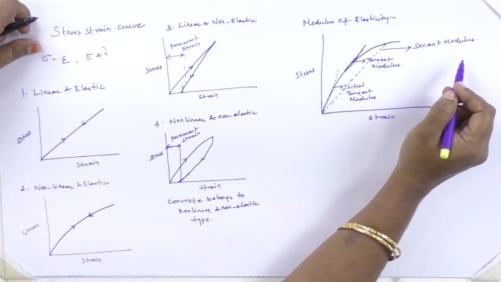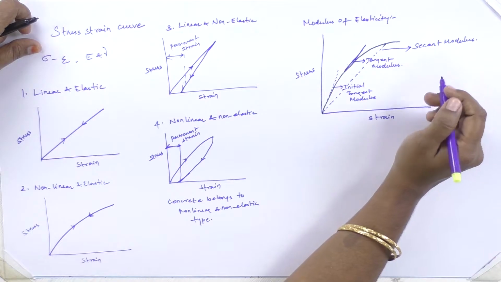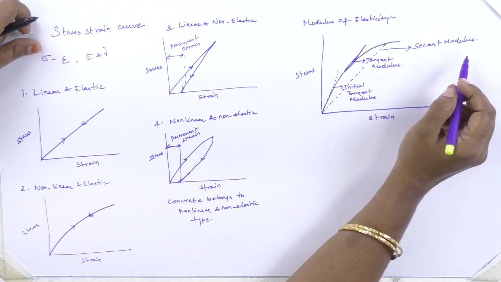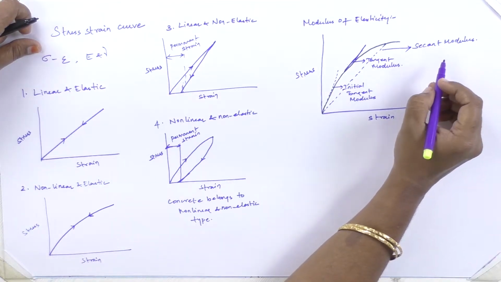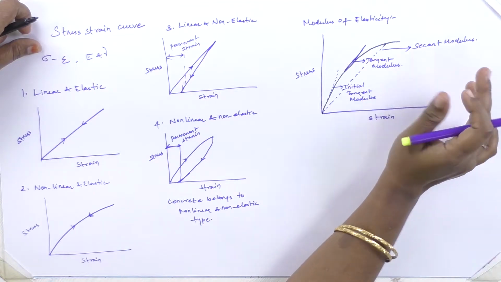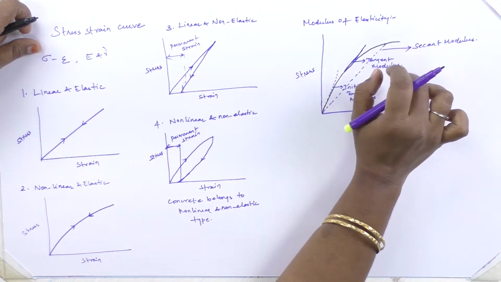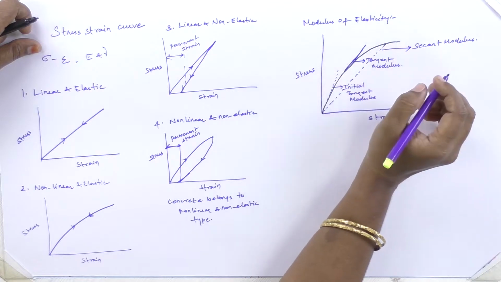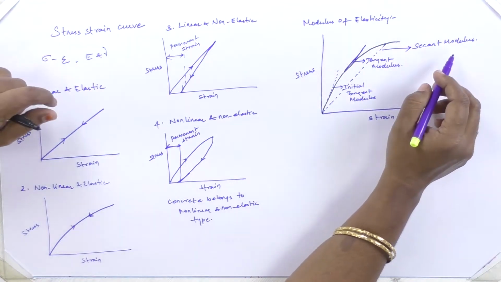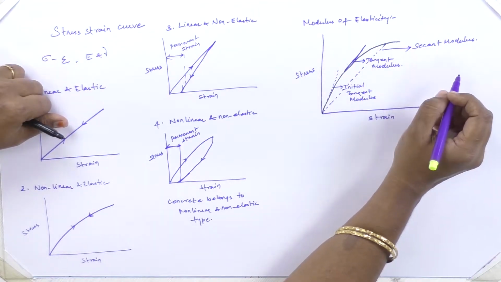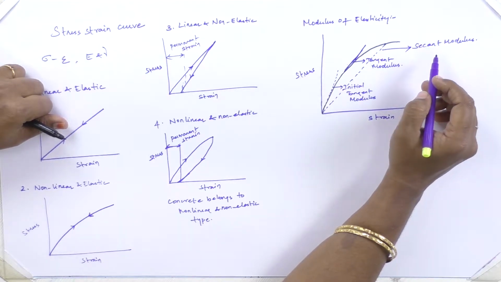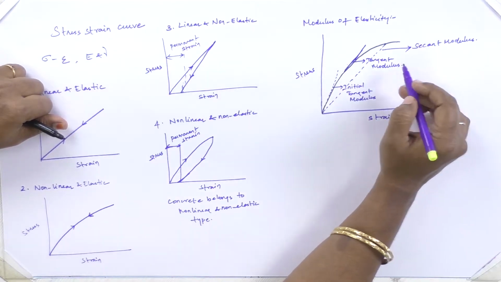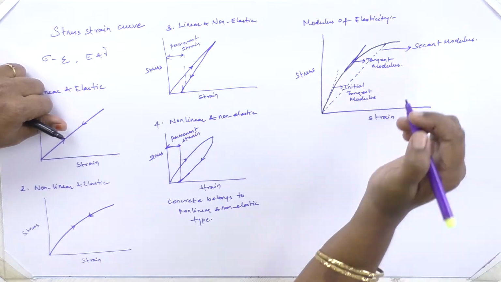This secant modulus will give more or less the approximate value of modulus of elasticity of concrete, and it is widely used to determine the modulus of elasticity.